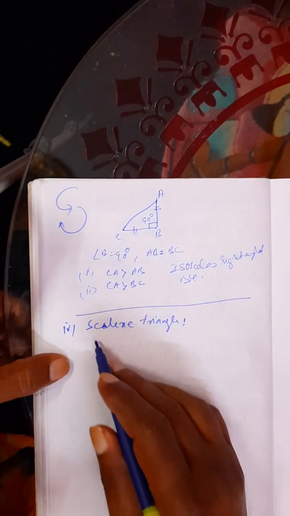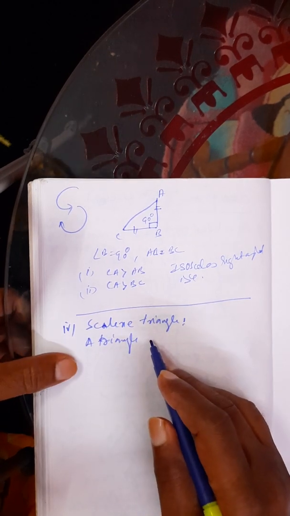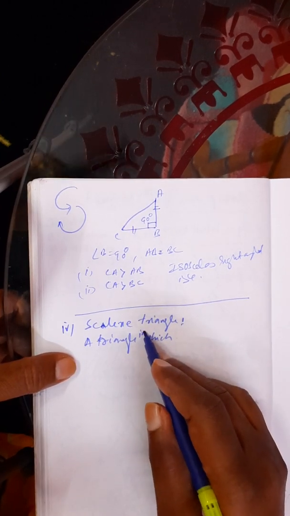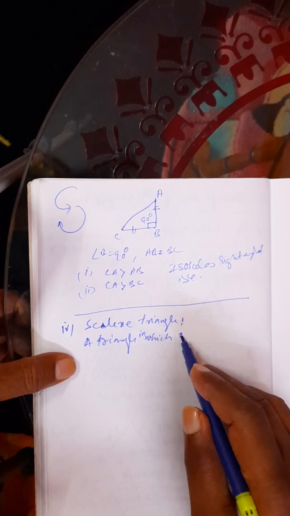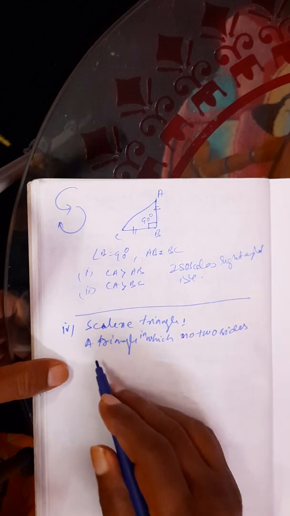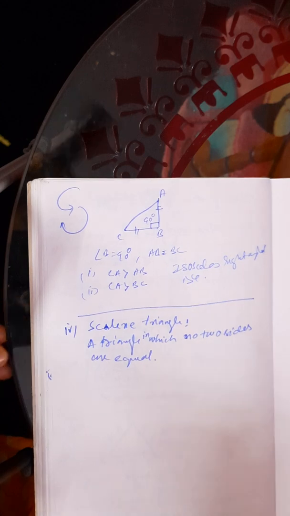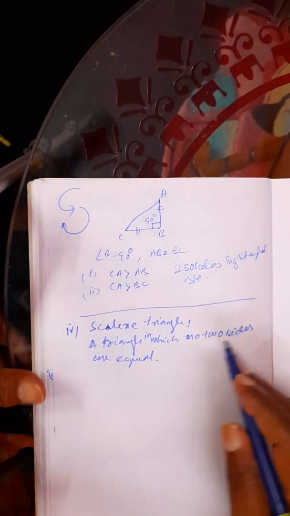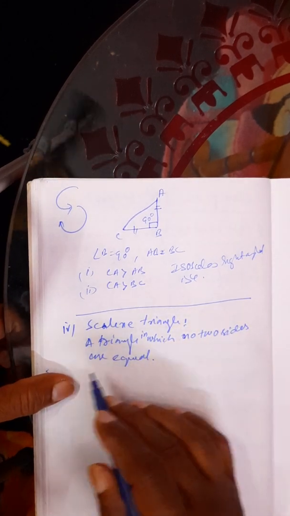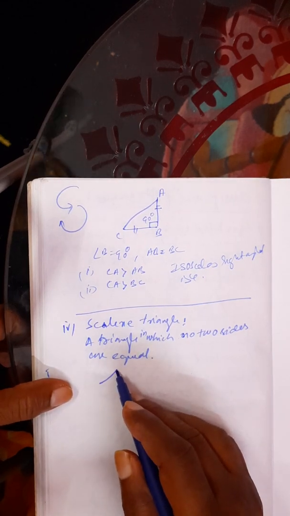A triangle in which no two sides are equal. That means what? All sides are different. No two sides are equal means all sides are different.